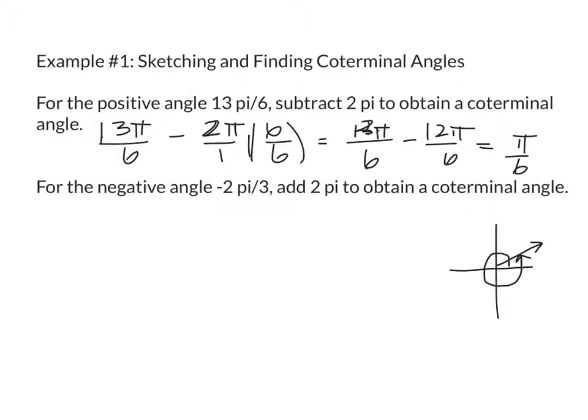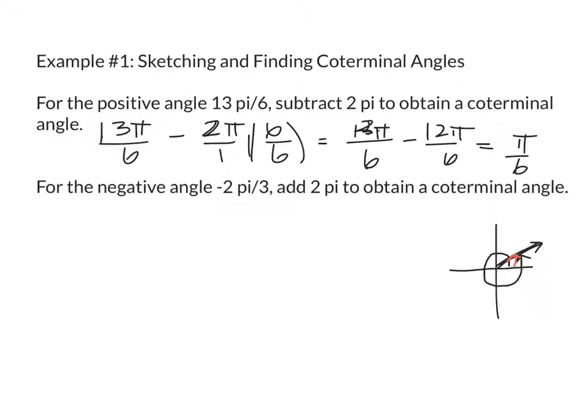And pi over 6 is just from the initial side up to this point, just this portion right here. And so that's the sketching. Very soon, we will get to how I know where these angles are. But right now, I just want you to find the coterminal angles.